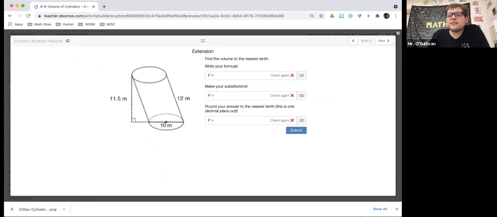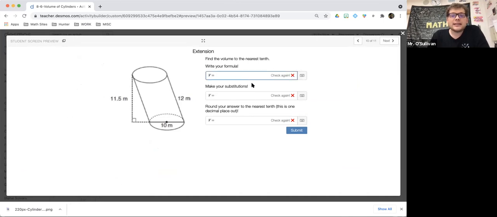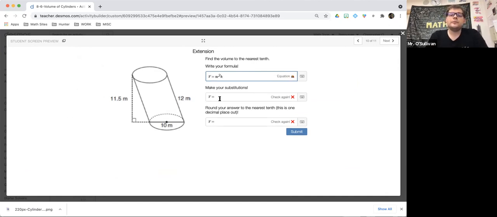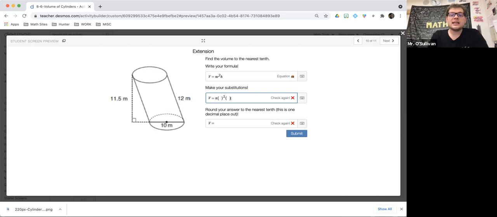Now we're going to find the volume of this cylinder right here. So the first thing we're going to do is type out that cylinder formula. So let's see if Miss C or myself is right. So we do our pi r squared height. Now I type in pi again. I square my radius and then I plug in my height.